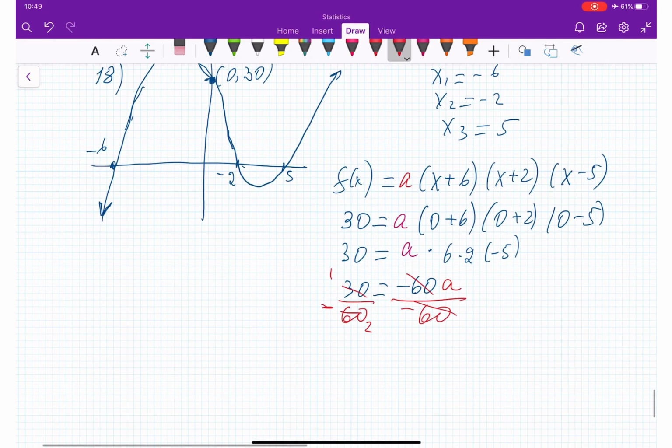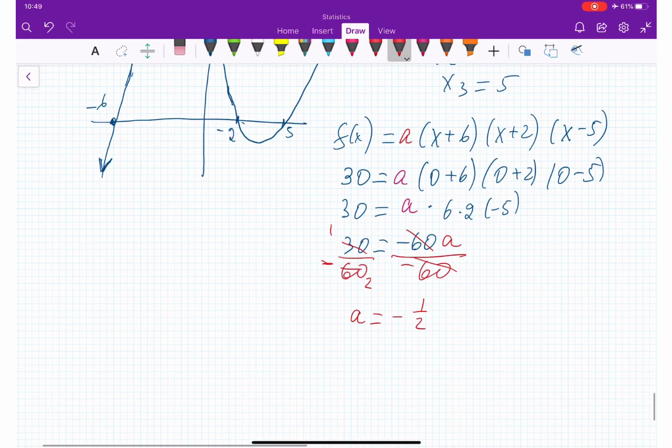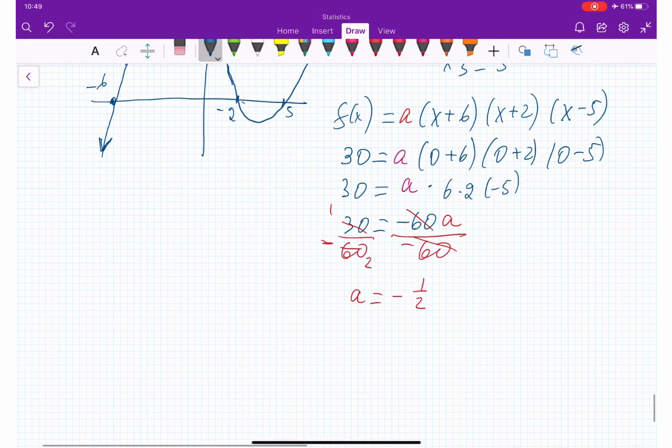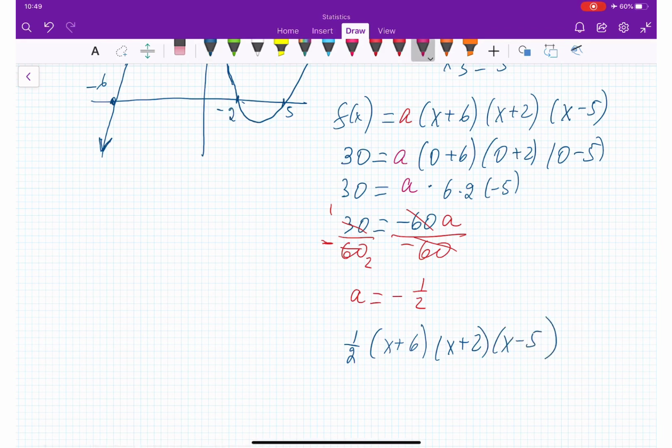So a will be equal to negative 1/2, which means our full form of the polynomial is going to be negative 1/2 times x plus 6, x plus 2, x minus 5. And this is going to be our answer.